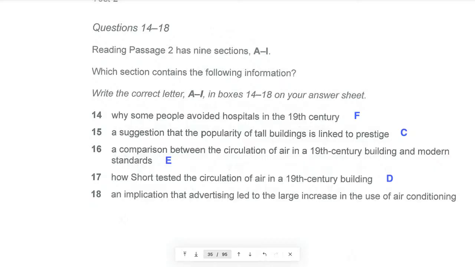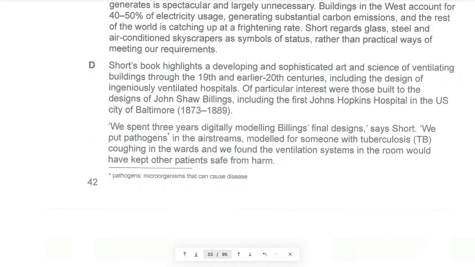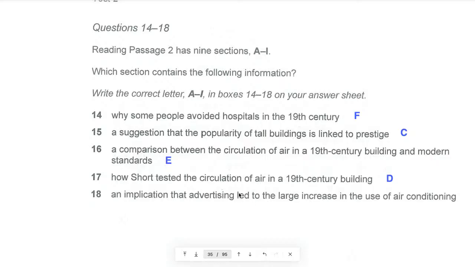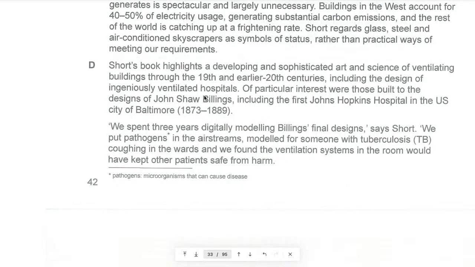What else? Yes, ventilation systems. You will see these words a lot. Ventilation systems, that is like the AC system, almost like that. Hệ thống thông gió đó bạn. So it's kind of similar to the circulation of air in the 19th century building. Yes, here we are talking about 19th century buildings.